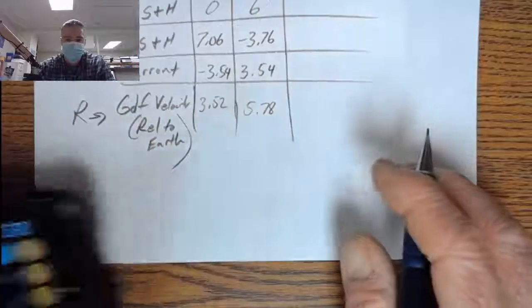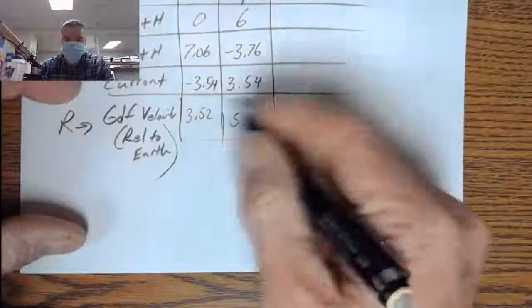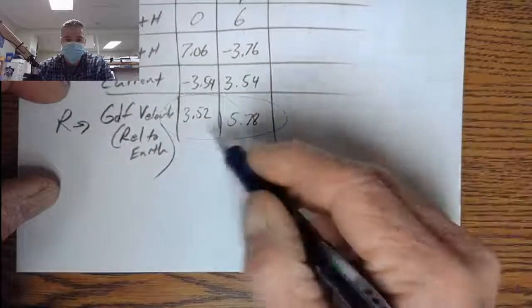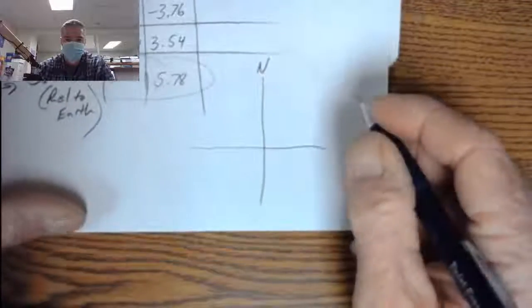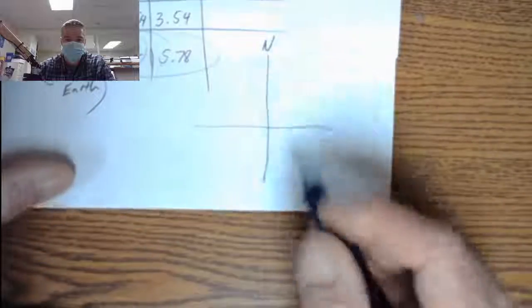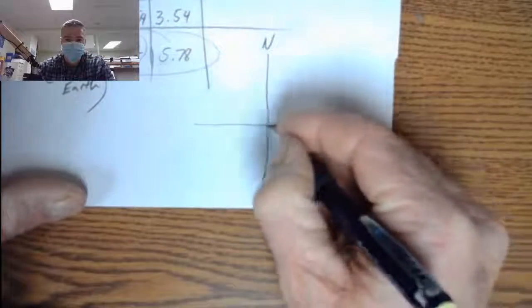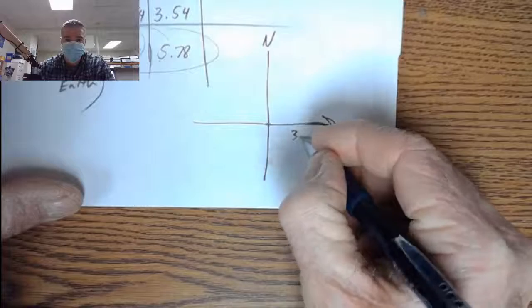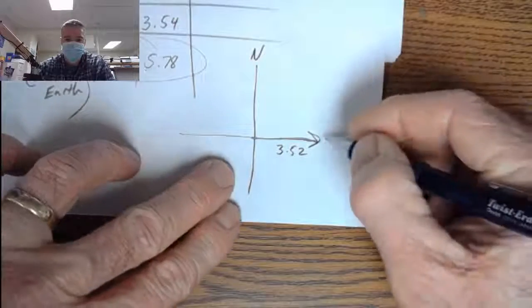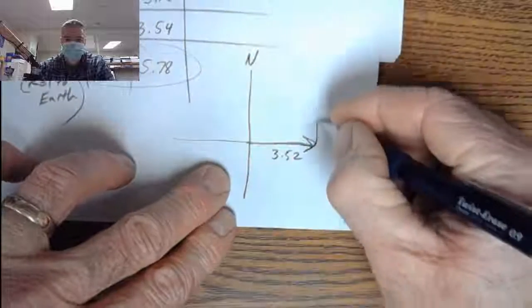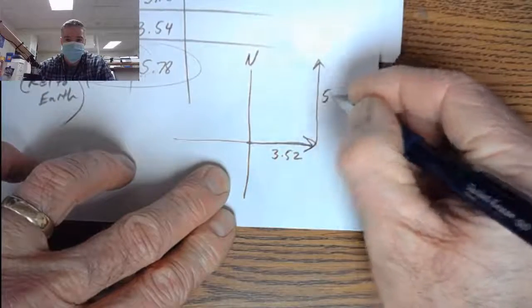It looks right. I think I did that right, even though I stumbled. So this is all positive. Looks like it's going to the right and it's going up. This is north. The x component, or east-west component, is 3.52, assuming I did that right. I should really probably check that. And the y component's 5.78.